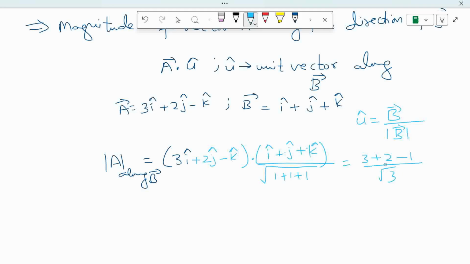So 3 plus 2 minus 1 is 4 by root 3. This is how we calculate the magnitude of a vector along the direction of B bar.